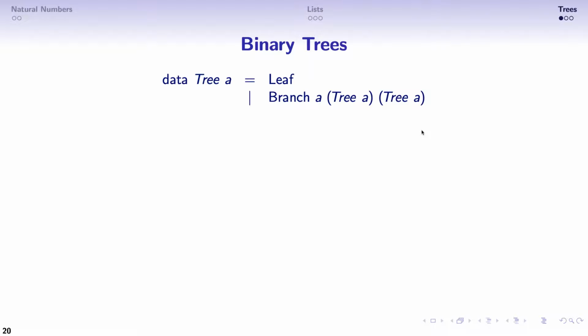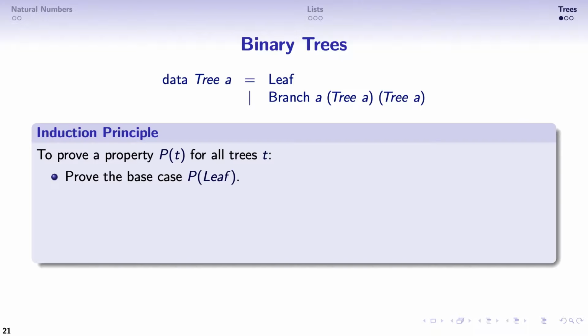As we've seen before, we've got a base case from our Leaf constructor and an inductive case from our Branch constructor. So let's see how that looks. I want to prove a property P of all trees T. Then I have a base case from my Leaf constructor, and for the Branch constructor, it looks a little bit different to what we did before. I assume two inductive hypotheses, one for the left subtree and one for the right.